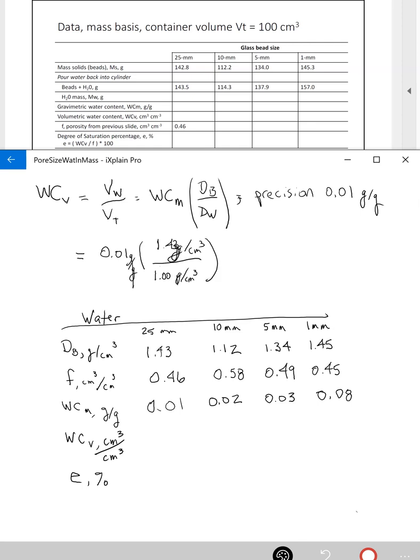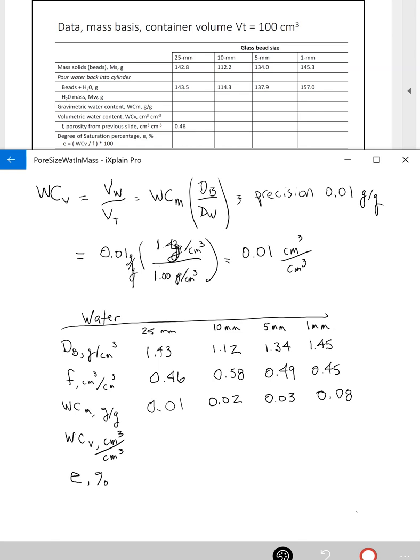All of our grams go away, and we get 1.43 times 0.01, and we're going to still end up with 0.01 cubic centimeters per cubic centimeter after we round, because we get 0.014. We round and we end up with 0.01.